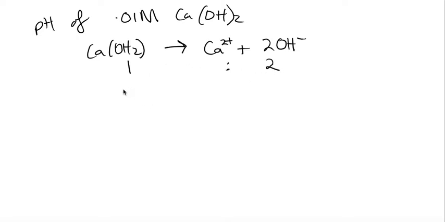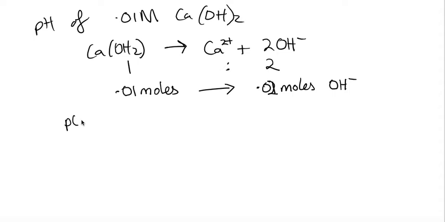So if we have a 0.01 molar solution of calcium hydroxide, we will have 0.01 moles of the calcium hydroxide, and that will give us, when it dissociates, 0.02 moles of my OH minus.